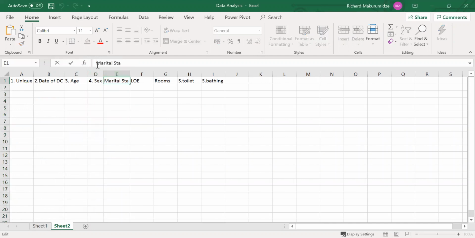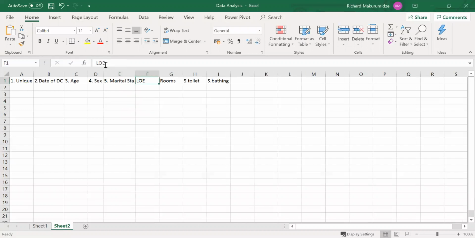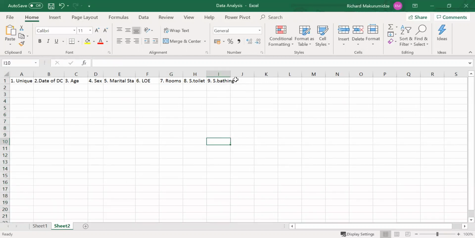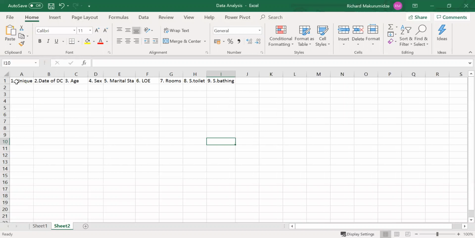So you number your questions. Question number 5. Then level of education, question number 6. Rooms, number of rooms, that's question number 7. So you number your things. Then sharing of toilets, question number 8. Then bathing, that's question number 9, whatever. So these are my questions.